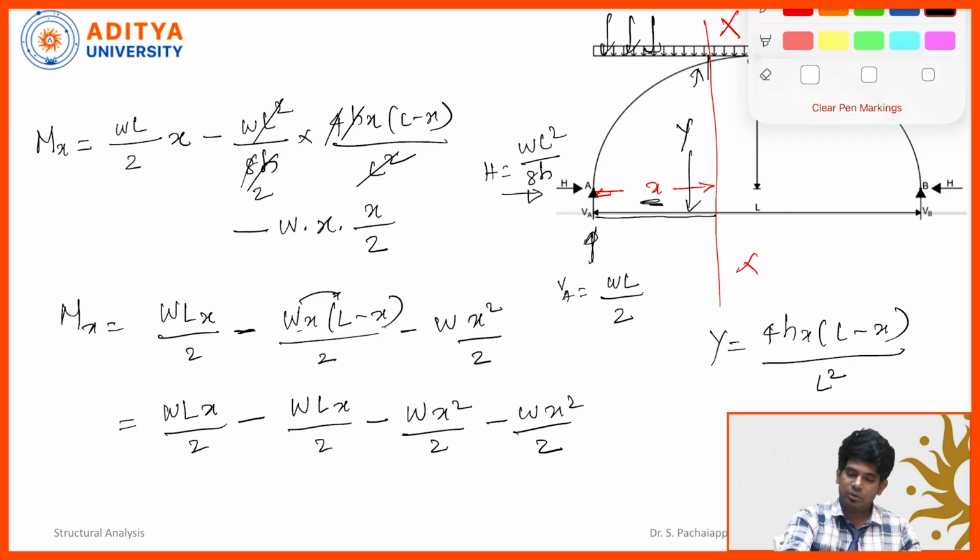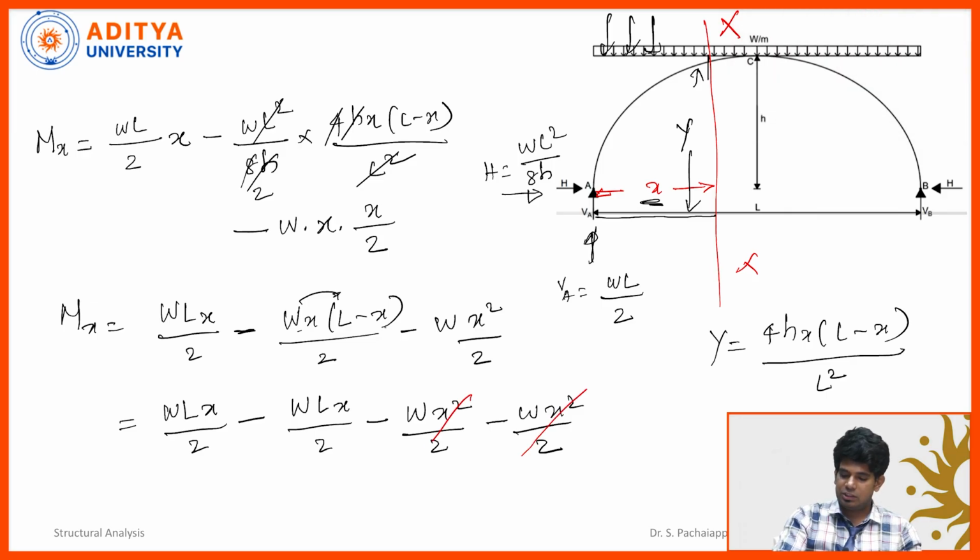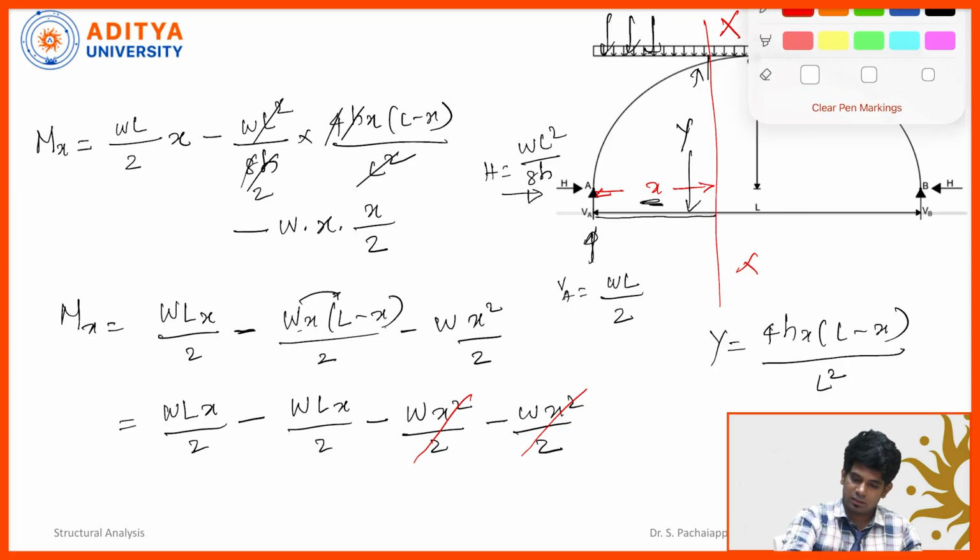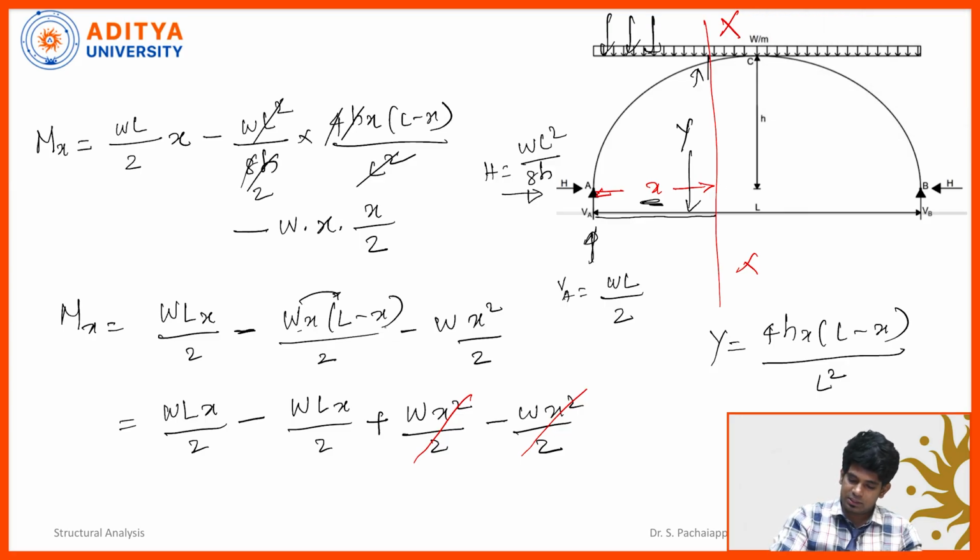Now you can see that this term and this term will get cancelled. Actually here it is plus, the reason is minus multiplied by minus became positive. So these two terms are cancelled, as well as these two terms. So obviously we are getting Mx equal to 0.